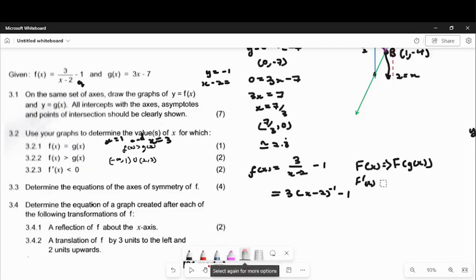But in the case of the chain rule, we first take the derivative of the external function, which is the bigger f. That's going to be f prime of g of x, right? And then we multiply this by the derivative of the internal function.